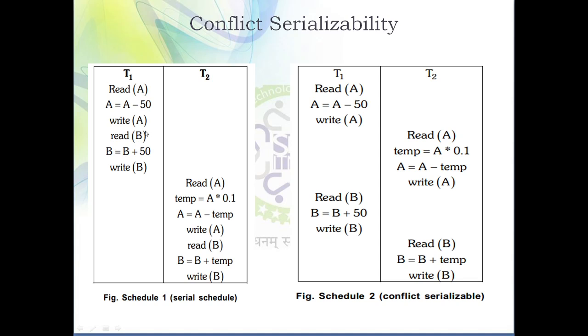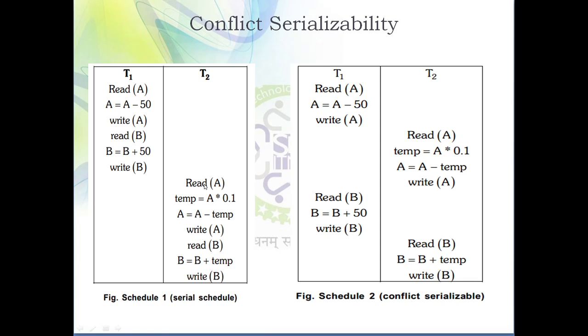Here we have these 3 and here we have these 3. Sorry, there is no possibility of a conflict. These are non-conflicting operations, because here we are reading B, here we are reading A. So these 3 instructions from transaction T1 and these 3 instructions from transaction T2, we can say that they are non-conflicting.